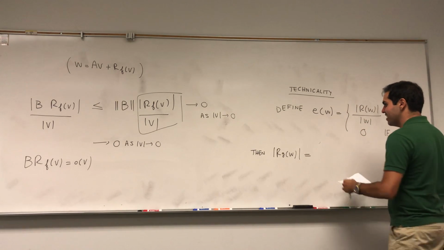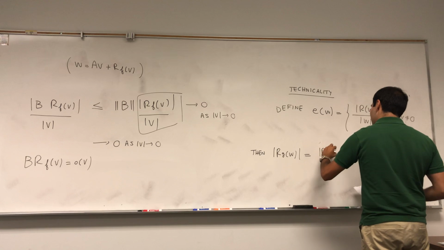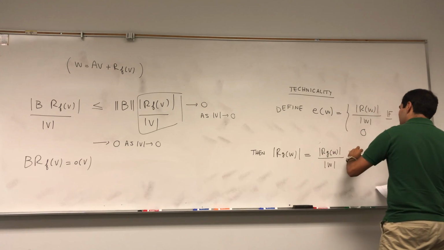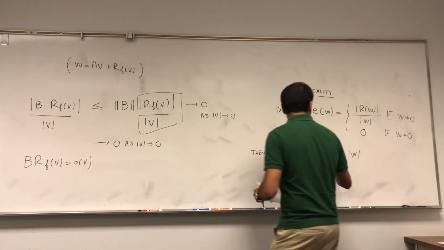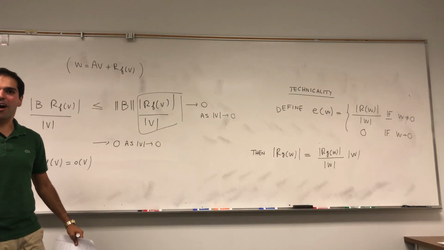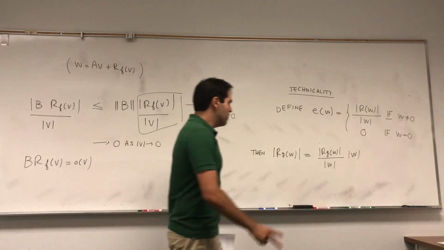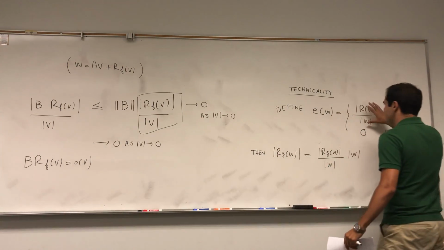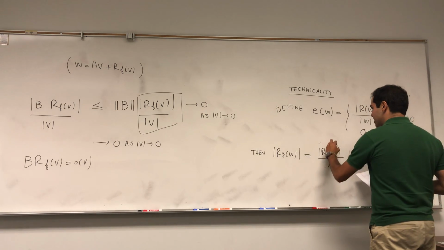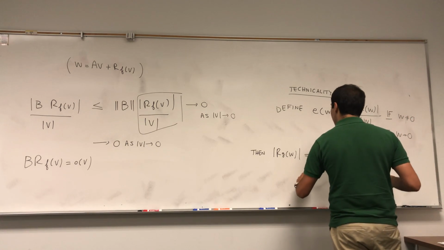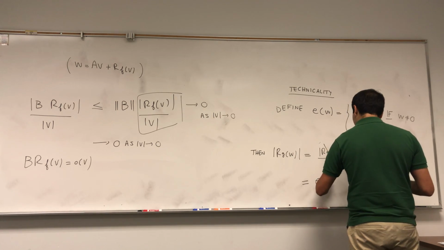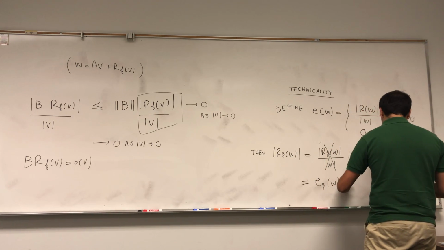Usually you can just write it as Rg of w divided by the length of w times the length of w. As I said, sometimes it's a problem if w is 0, but even if w is 0, this is still defined. So instead of writing Rg of w divided by w, we just use this E. And I want to emphasize it's on g, so Eg of w times w.